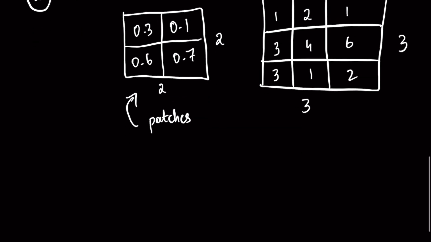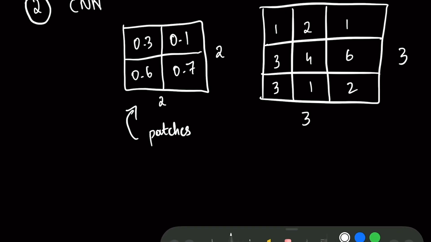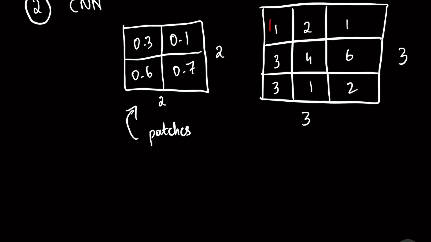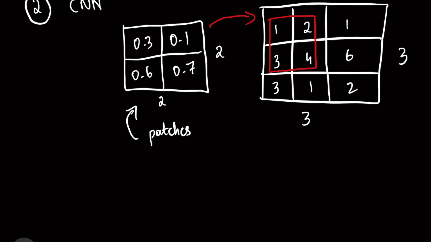So when I have a patch like this, I need to analyze this image by every patch. Let me draw the patch on top of the image. Assume I just look at these first 4 values in the beginning. What happens when I place that patch over there?